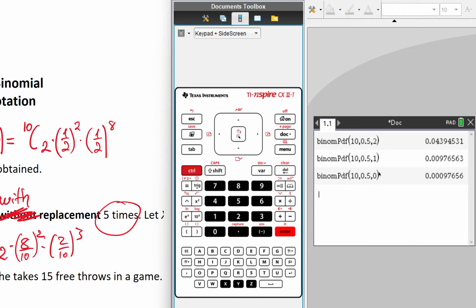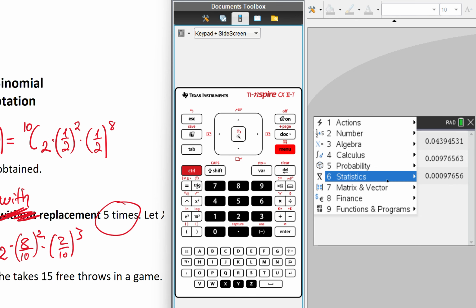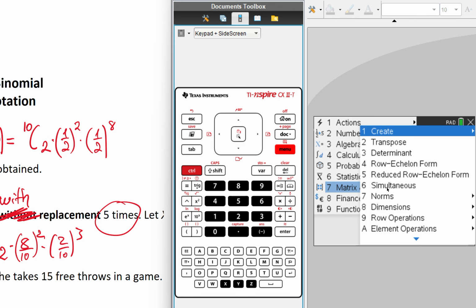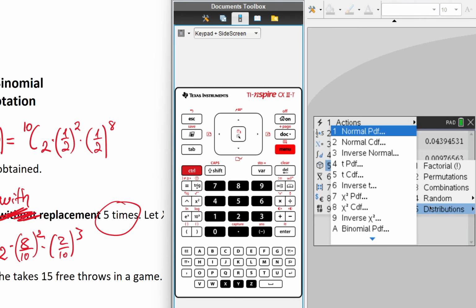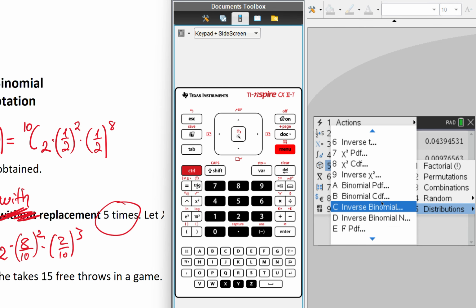Now let me show you the CDF as well. The CDF is cumulative, so it will answer, calculate the probability of getting up to 2 heads, right? Which means we go to Menu and then Probability, and then Distributions. Then we go to binomial CDF.